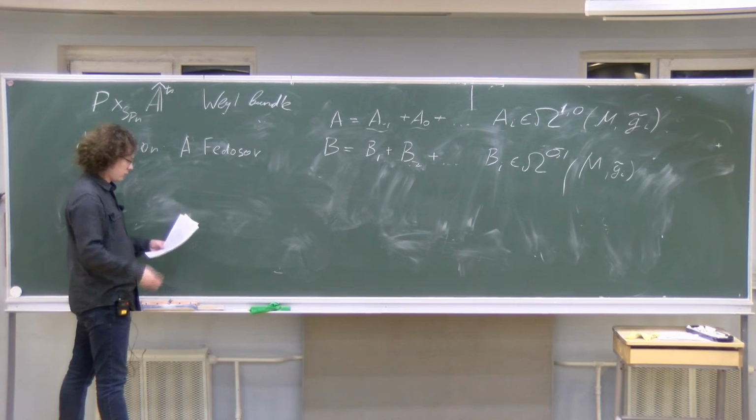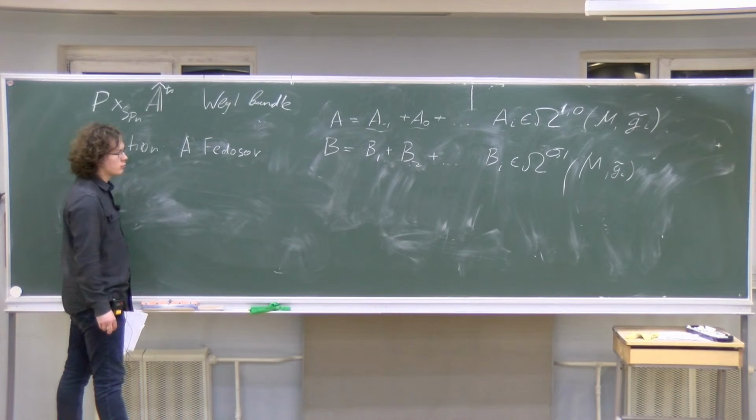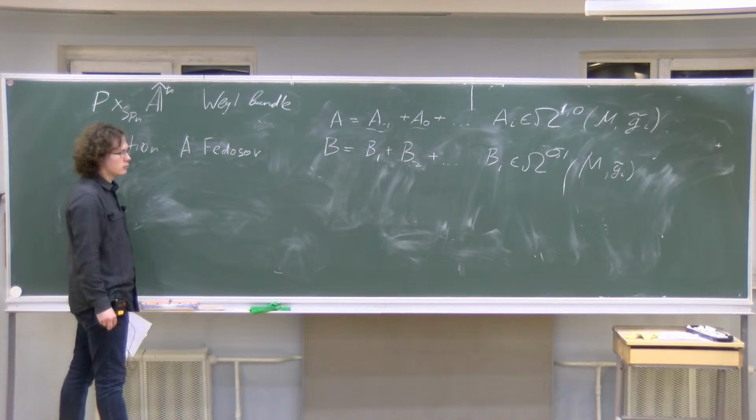So G_i is a sub-algebra inside of this Lie algebra generated by terms of degree at least i in terms of variables y_i. So the Weyl algebra has non-commutative variables y_1 through y_n, right?